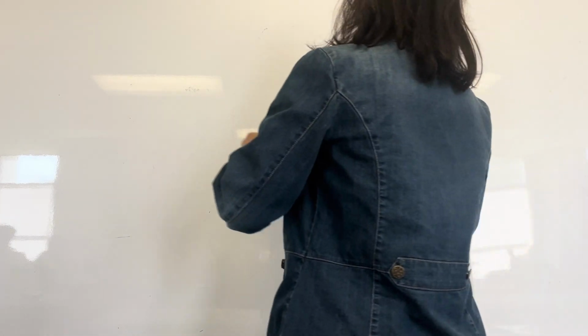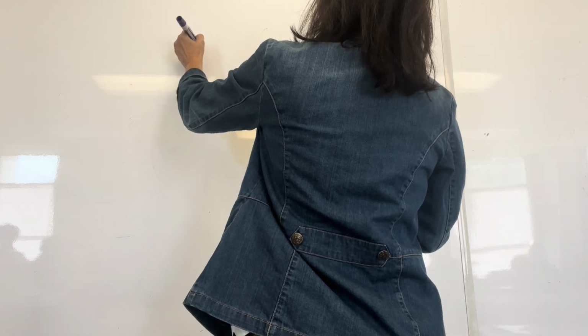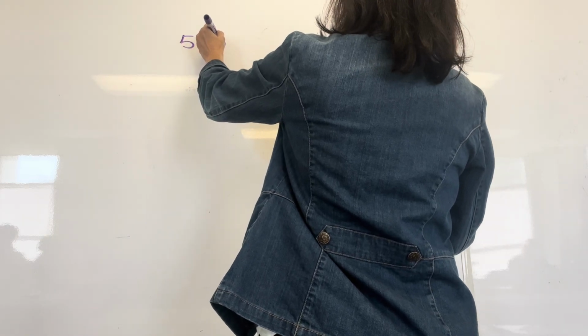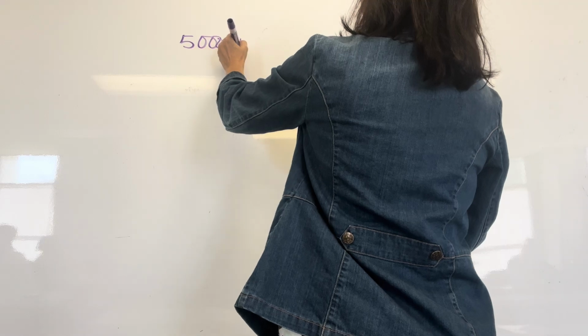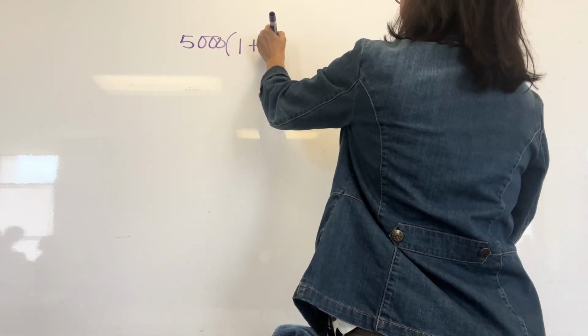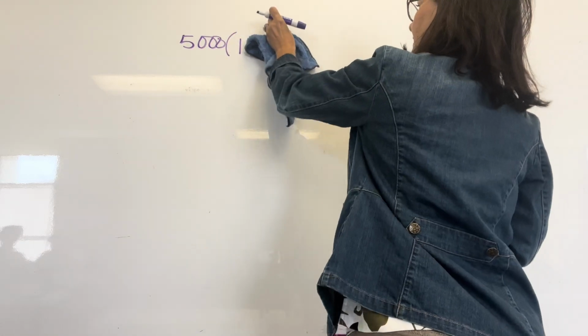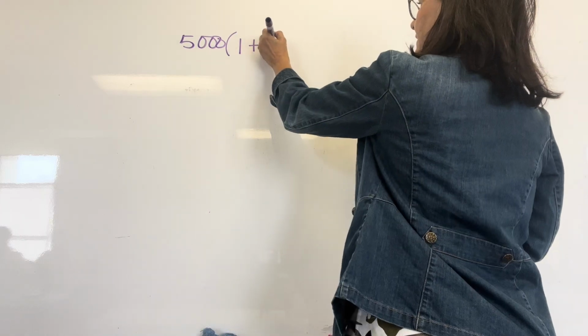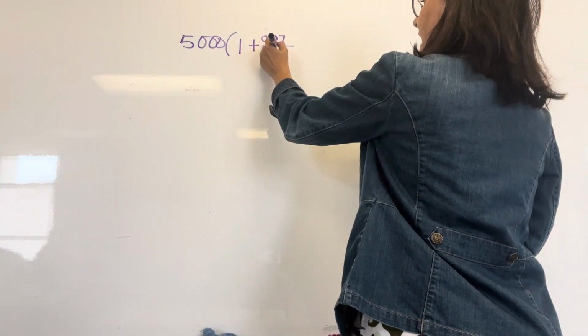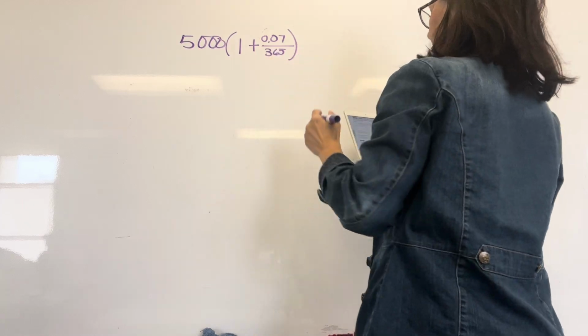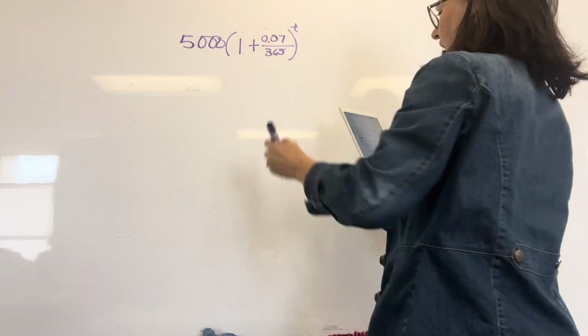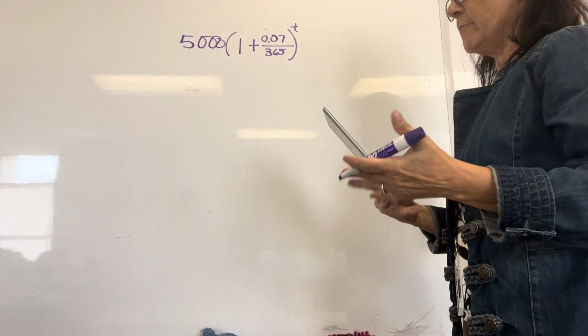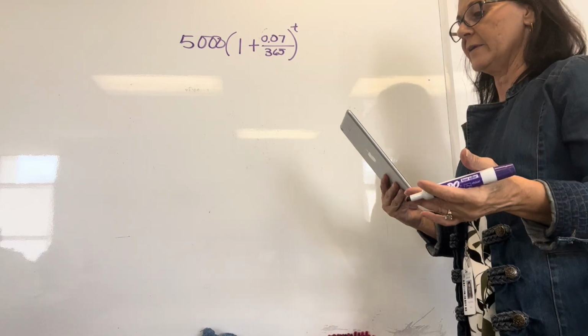And it's 7% compounded daily. So we have 5,000 and it's at 7%. Oh wait, that's 0.07. Compounded daily. We don't know what the time is. How many days? Remember, our time is going to be how many days.